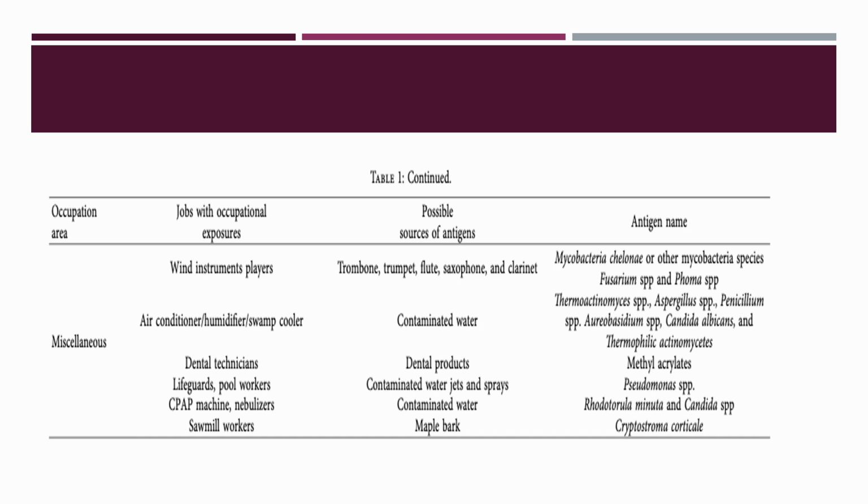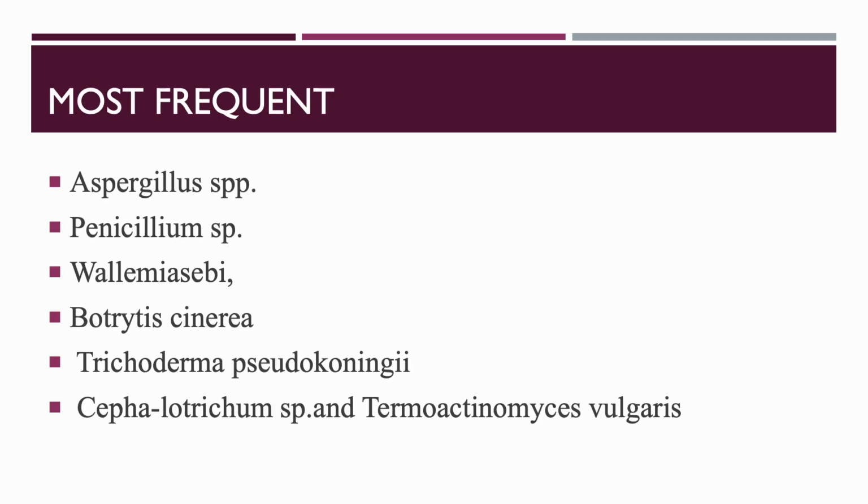There are also reports that tobacco smoking has an impact on our immune reactivity to the antigens and towards the fibrotic process. So, there is a need to evaluate all of these occupational and environmental triggers when we're dealing with a patient with HP. If we have to make a list of the most common organisms that cause HP, then this is the list, and Aspergillus and Penicillium species are high up on our list.